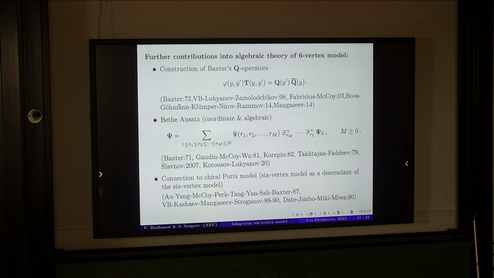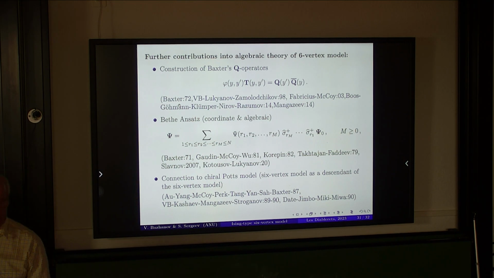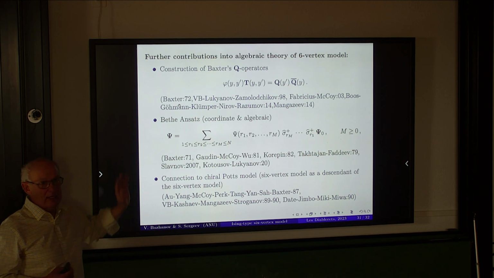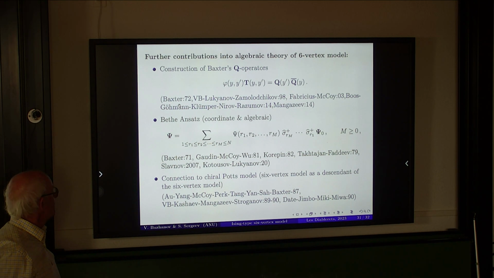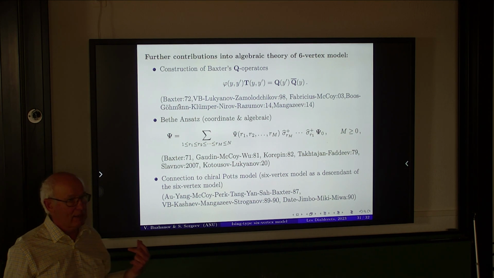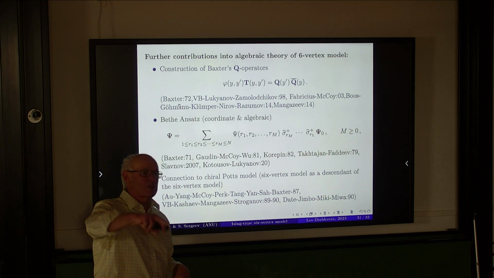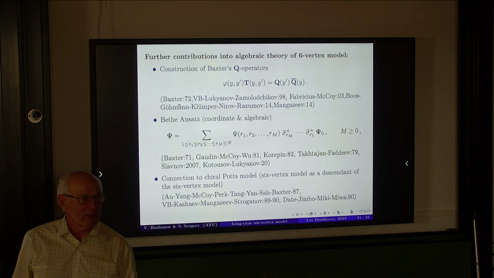What can we do next? We can construct everything. The whole theory of the six-vertex model, Baxter Q operators, Bazhanov, coordinate and algebraic. By the way, the Baxter Q operator will be just as in the chiral Potts model.